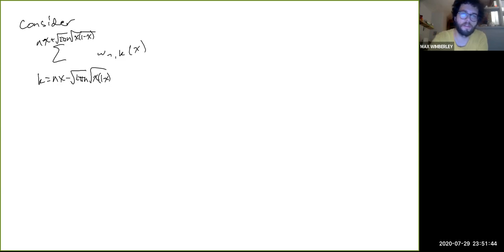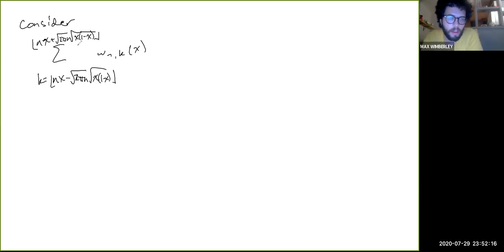Of course, these are only approximately integers, so you could take a floor or ceiling, it doesn't really matter. Just take the nearest integer and use that. Let's use floors. I don't want to get too caught up in that.